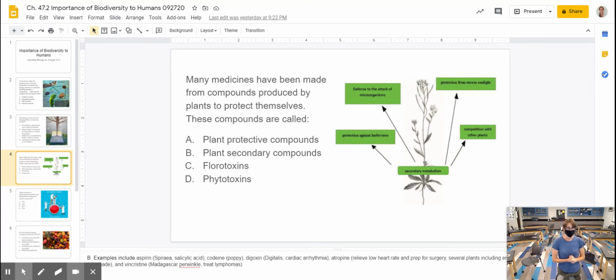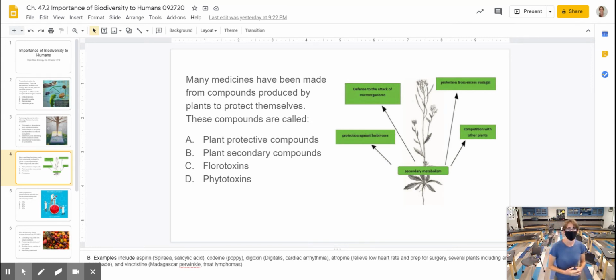So next, the chapter talked about the importance of agricultural diversity. One specific example of this is... I'm not sure if the section was agricultural diversity. It might have been, I can't even remember what the section was titled.